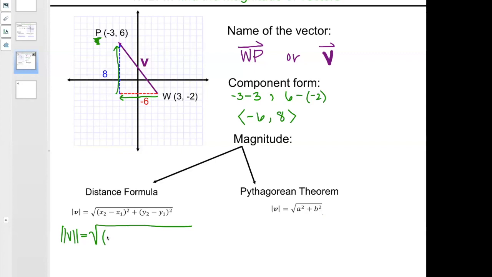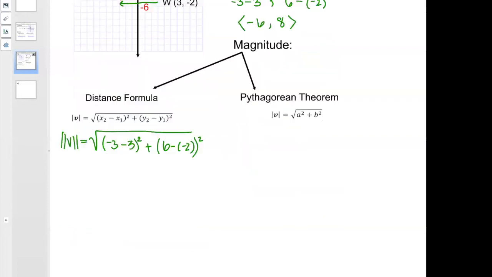We take the second x value, -3, minus the first x value, 3, and square that, plus again subtract the y's, so 6 minus -2. The only thing you have to watch for is those of you who like to write -6 squared and type it in your calculator like that, because you need parentheses there. -6 squared is +36, not -36.